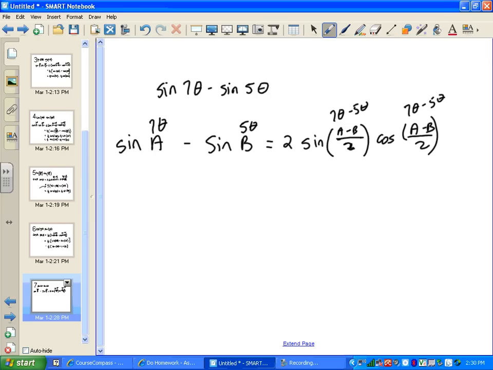In both cases, both of those are going to give us 2 theta. So now we're going to have 2 times sine of 2 theta over 2, but 2 over 2 would just cancel out. So it's just going to be the sine of theta times, and then the same thing would happen here. 7 theta minus 5 theta would be 2 theta, and then 2 theta over 2 would just be theta.